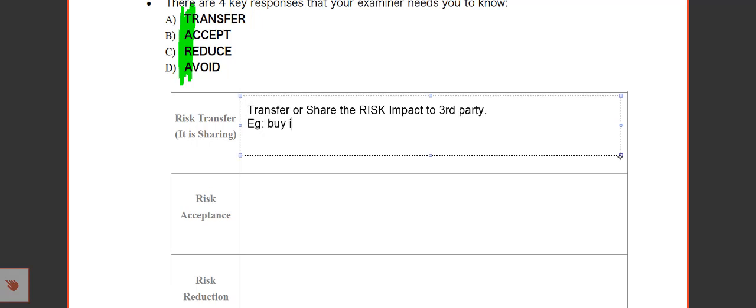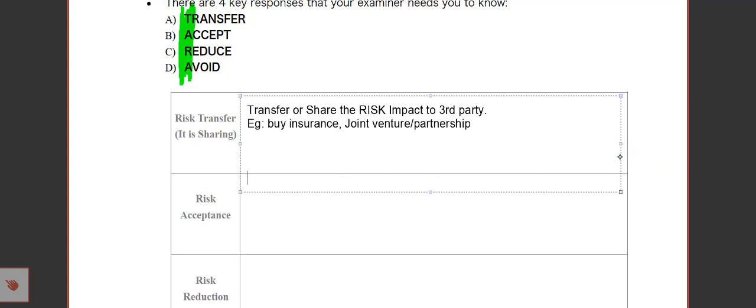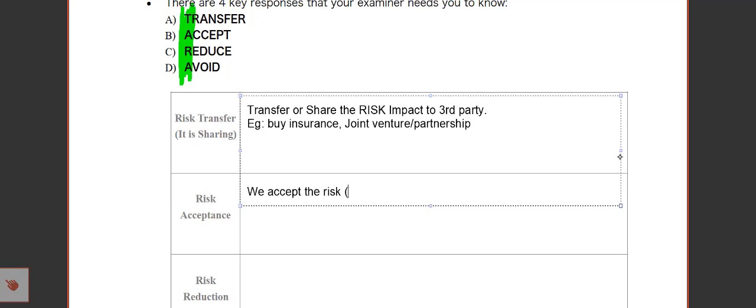For example, you buy insurance, you do a joint venture. That means you do a partnership. So you share the risk. That's called risk transfer. Now, risk acceptance, on the other hand, since they say accept, that means we will accept the risk. And when we say we accept the risk, that means we will accept the consequences when the risk materializes.